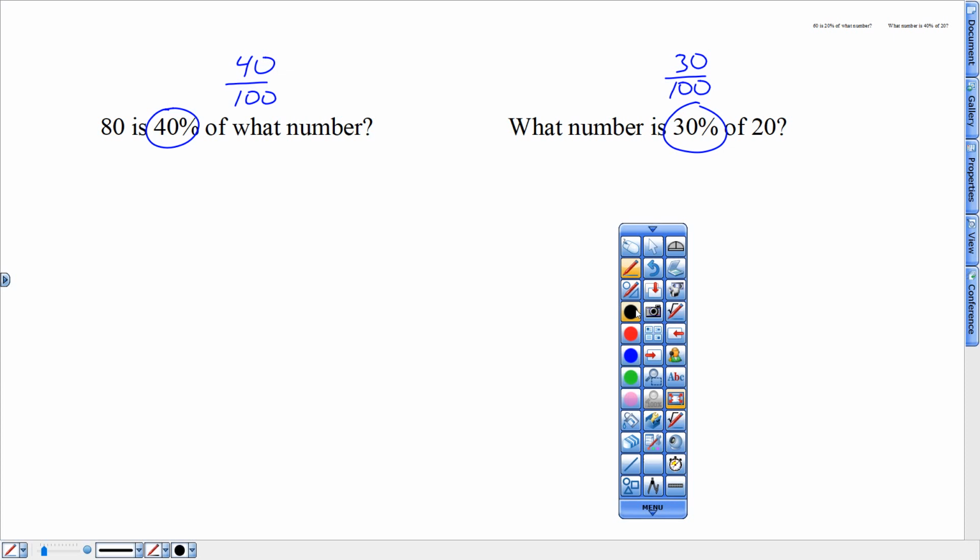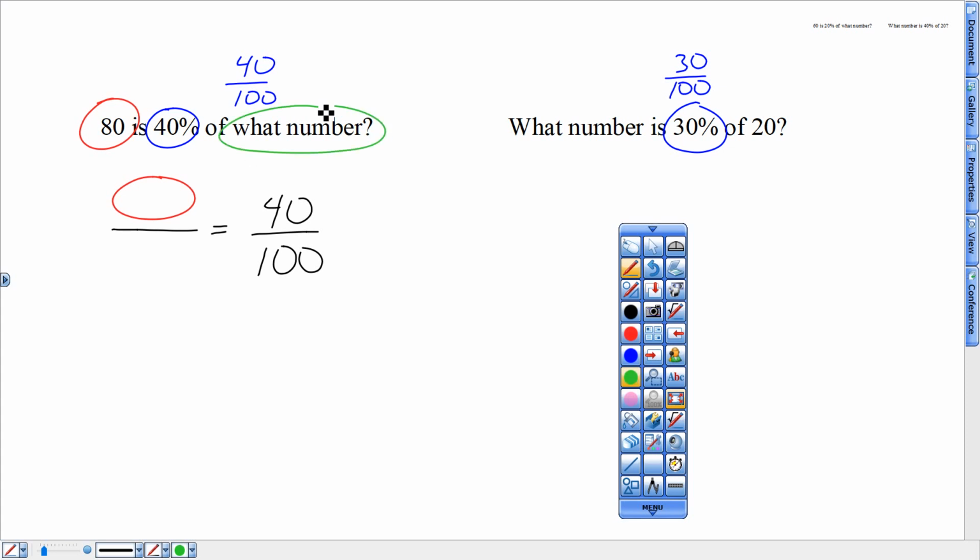You know half of it is going to be 40 over 100.